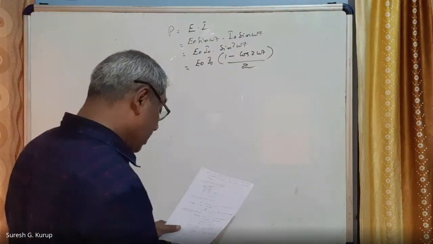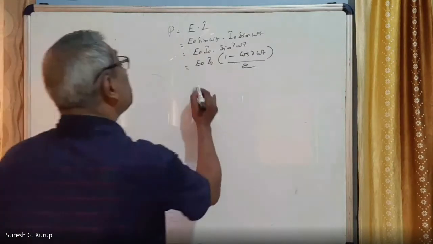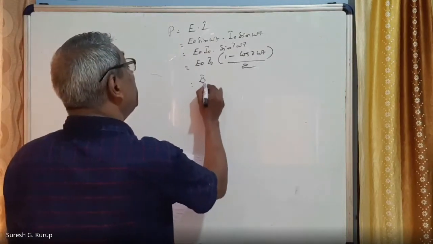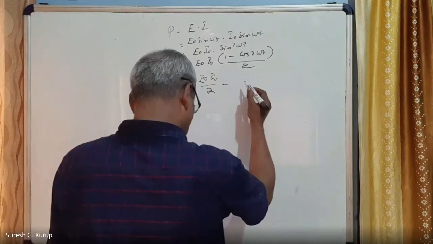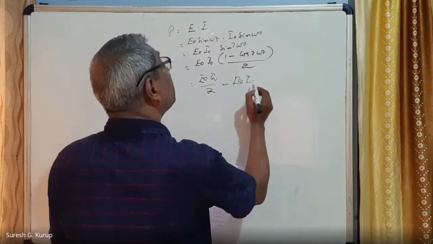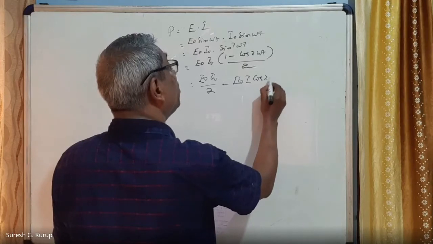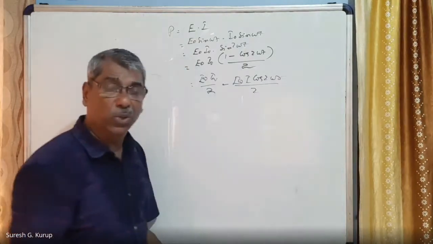That is, this is equal to E0 I0 divided by 2 minus E0 I0 cos 2 omega t divided by 2. Two terms it has.